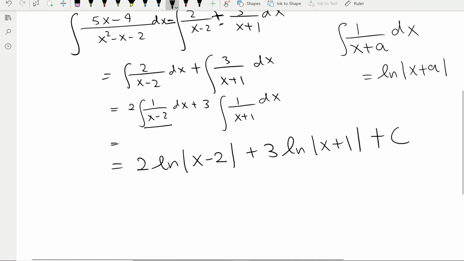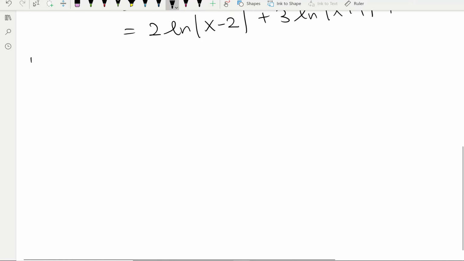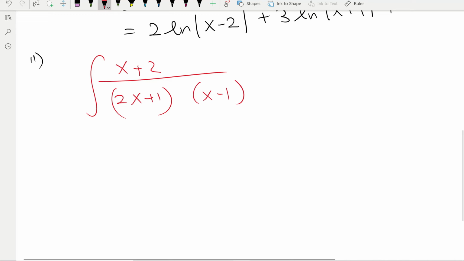Now I want to show you a very important thing, a mistake you can make. I have seen lots of students make this mistake. So let me take a different example. Question number 2: you have to integrate (x plus 2) over (2x plus 1)(x minus 1).